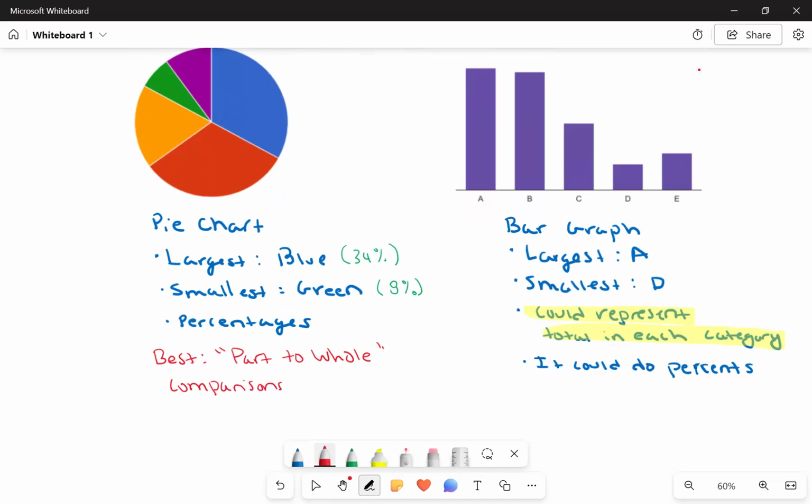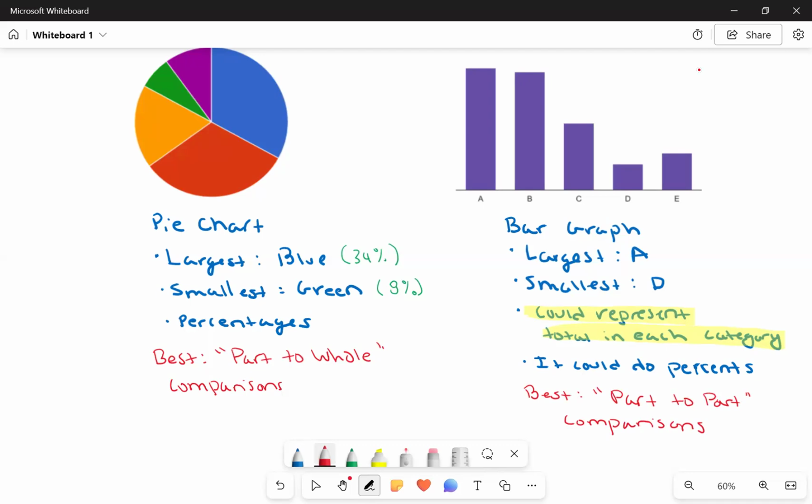So you're looking at how much something is compared to the whole 100%. Bar graphs are best when you're doing what's called part to part comparisons, category to category. So that's when each is best.